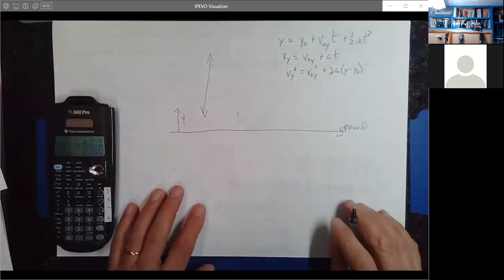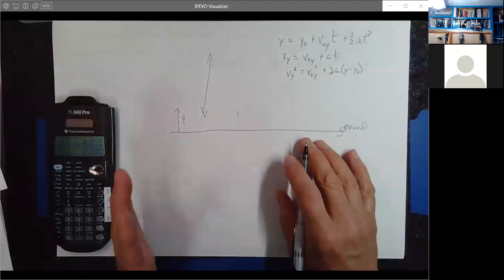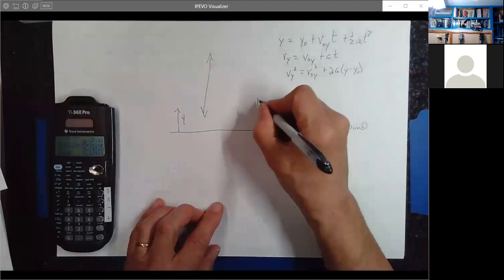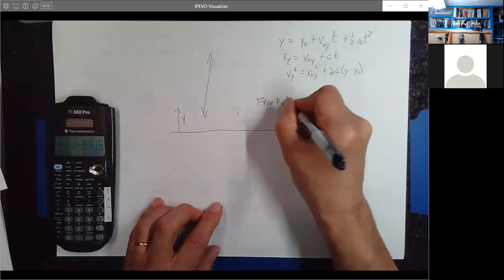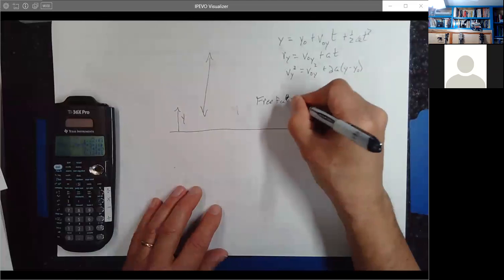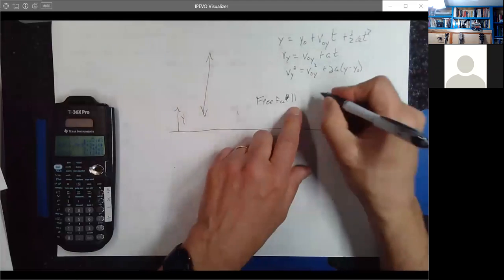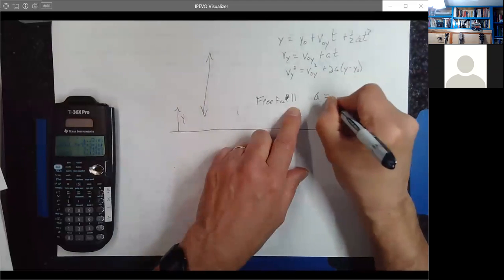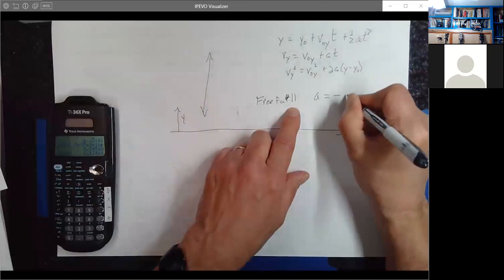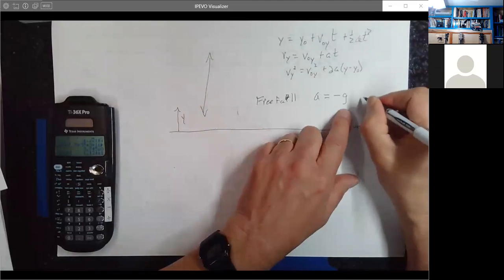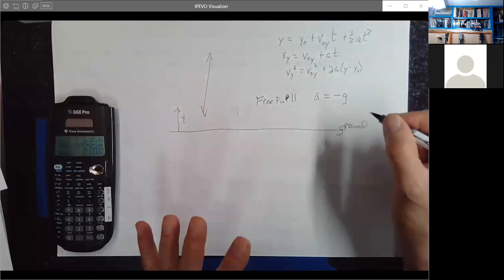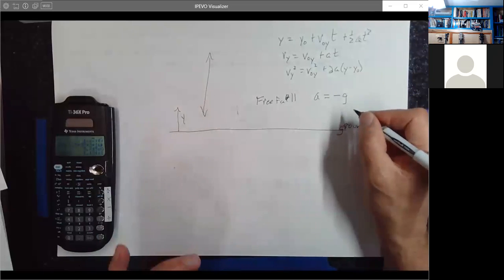Now, in the case of free fall, the acceleration is going to equal minus little g. And little g is the acceleration due to gravity.